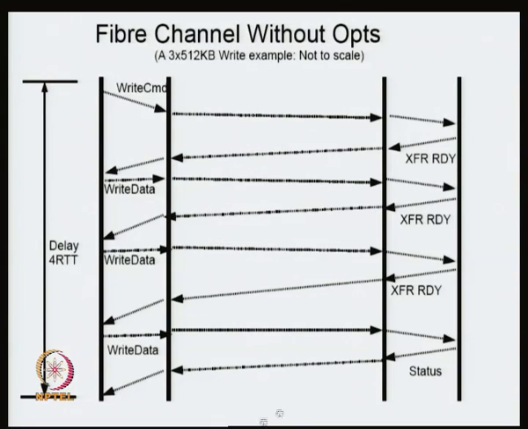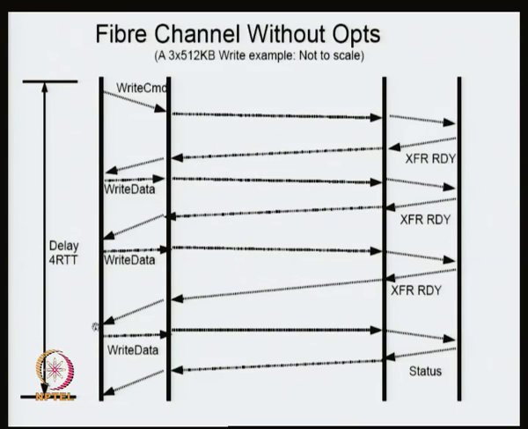Now if you incorporate some wide area network in between, and somehow encapsulate the Fibre Channel protocol inside it, then all these delays are involved. So your throughput is going to be quite small, basically 1.5 megabytes divided by 4 times the round trip time.